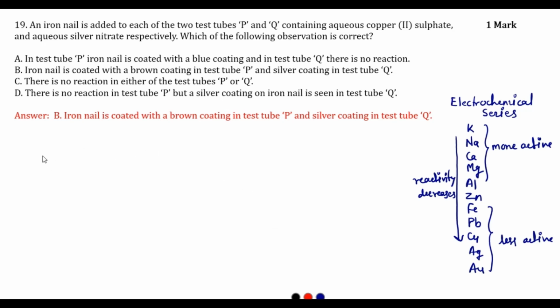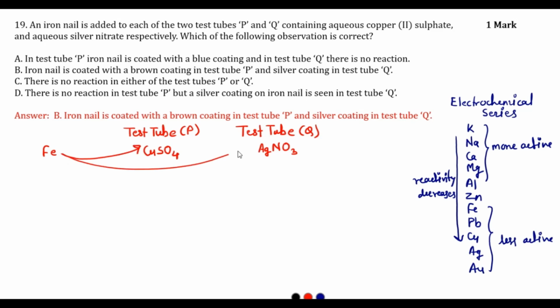Here I will write iron, and this we are going to add to two test tubes. One test tube, denoted by P, contains copper sulfate, CuSO4, and another test tube, denoted by Q, contains silver nitrate, whose formula is AgNO3. The iron is going to react with copper sulfate in the first test tube, and with silver nitrate in the second test tube.